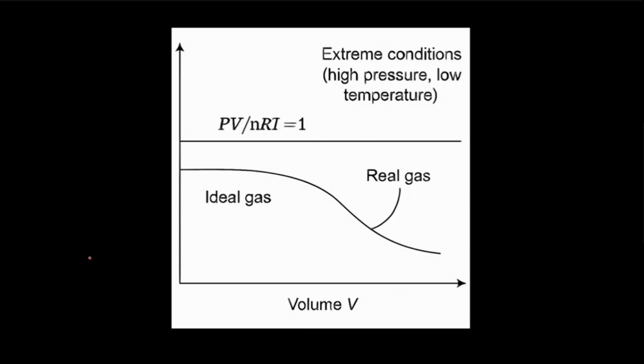The ideal gas shows that PV/nRT should equal 1. So when we draw the graph, we get a straight line. But for a real gas, the line is not straight. It shows some deviation from the ideal behavior. But again, remember the conditions: at low pressure and high temperature, they behave as ideal gases.